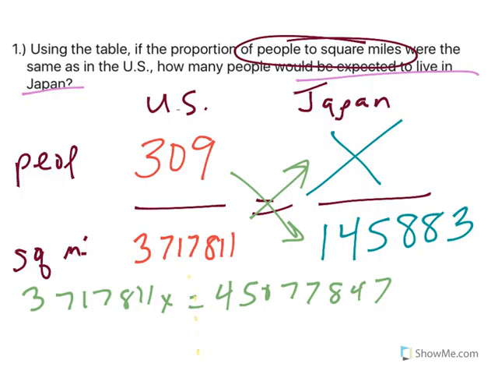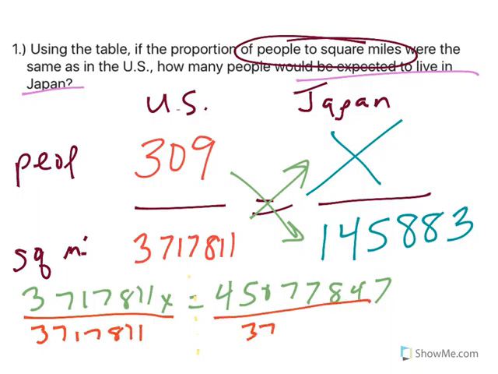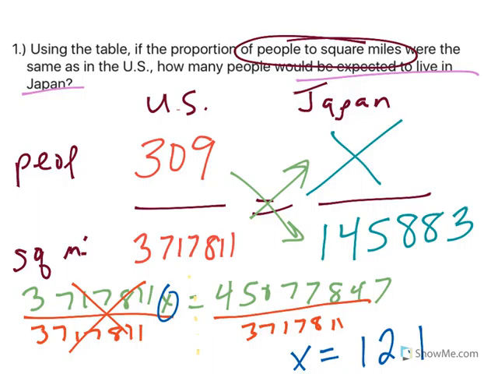Again, the equal sign splits it. So we're going to divide by 3717811. Okay, so x equals, right? Because it leaves us with an x when we divide. And I end up with 12.1 rounded to the nearest tenth, and that's million.